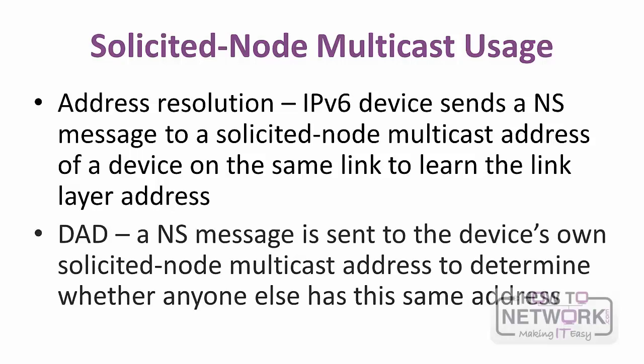Duplicate address detection allows a device to verify that its unicast address, created using stateless address auto-configuration, is unique on the link. A neighbor solicitation message is sent to the device's own solicited node multicast address to determine whether anyone else has this same address.